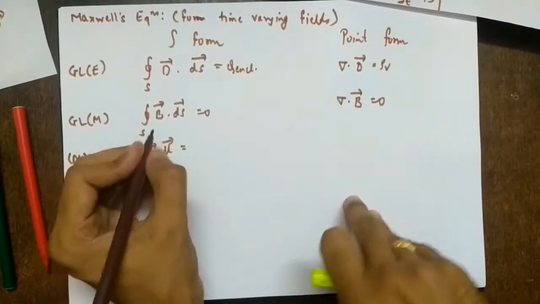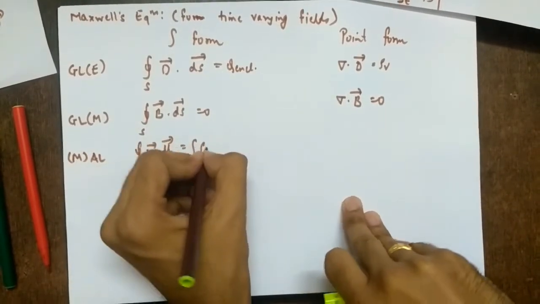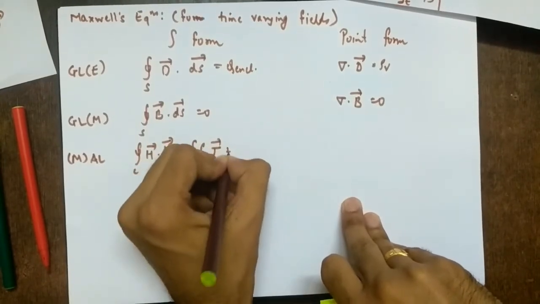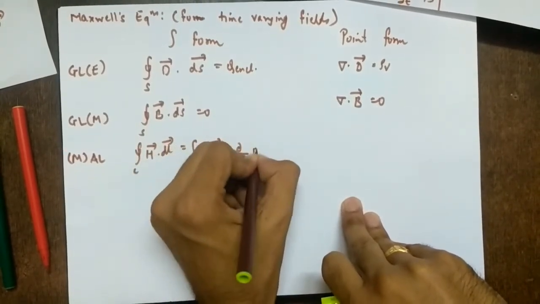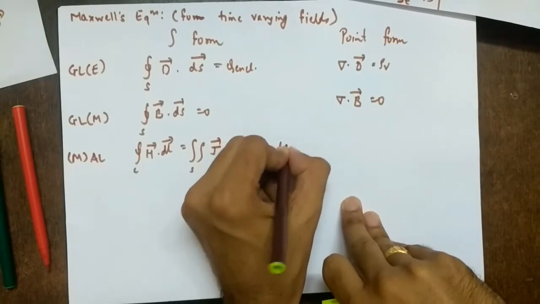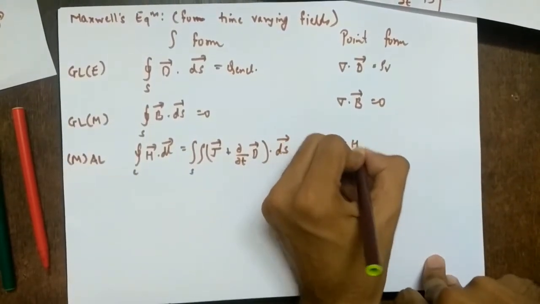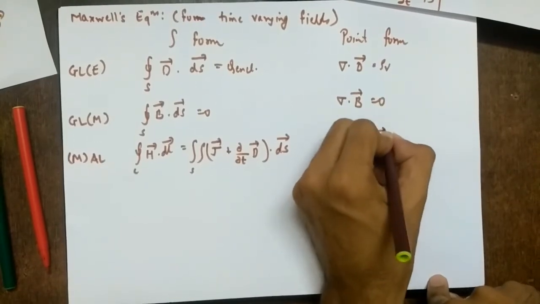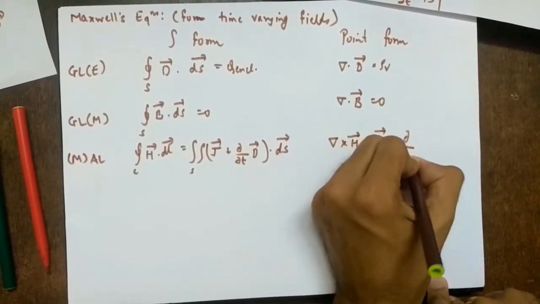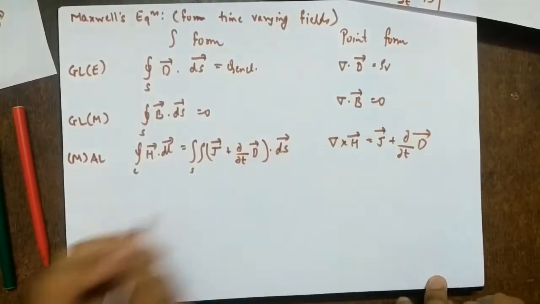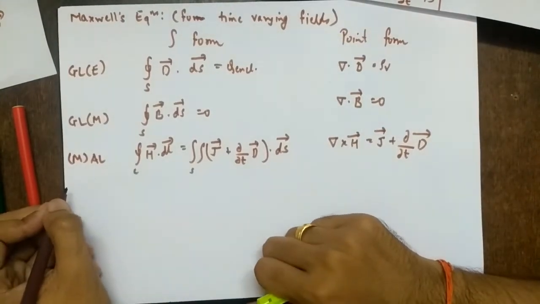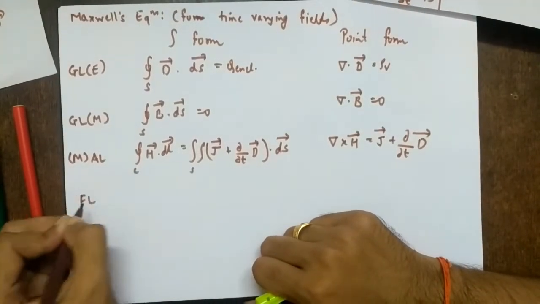If you want, you can skip that. You can directly write surface integral of J vector plus dabba by dabba t D vector dot ds vector. So in point form, it is del cross H vector equal to J vector plus dabba by dabba t D vector, right? Then finally we have Faraday's law.